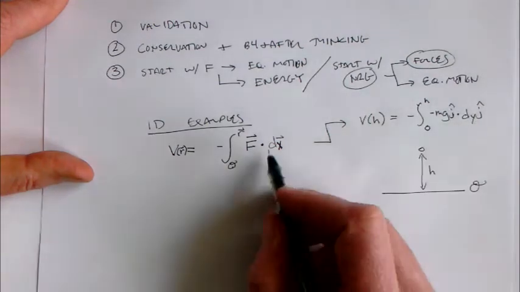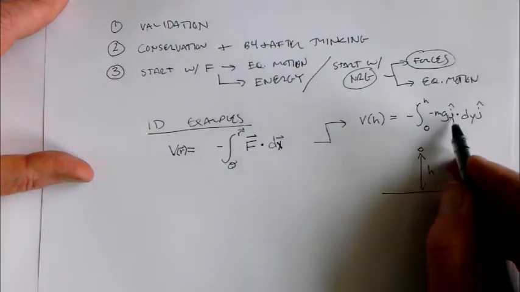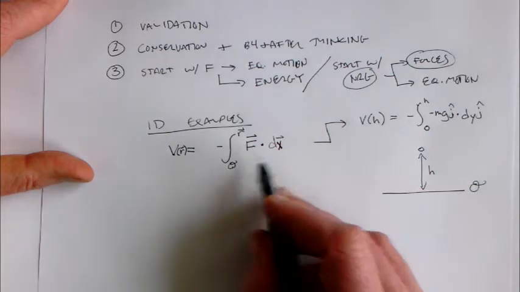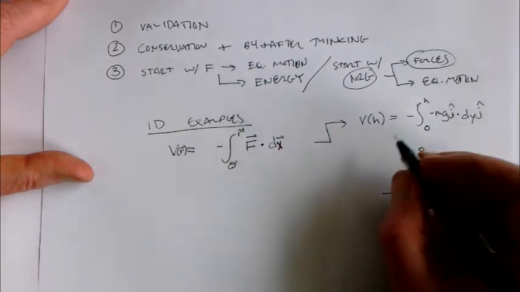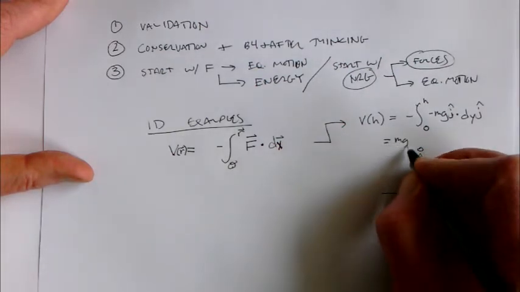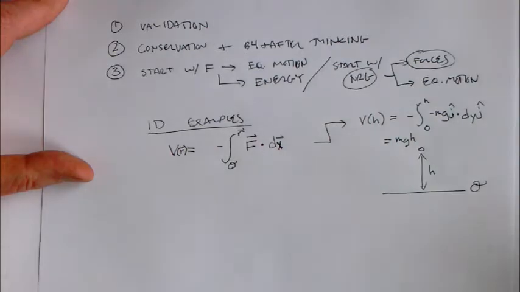So dy j hat is this dx, and minus mg j hat is the force. I pick up the additional negative sign, and not surprisingly, I get mgh as the potential energy. You've seen that before. It's not a terribly surprising result.